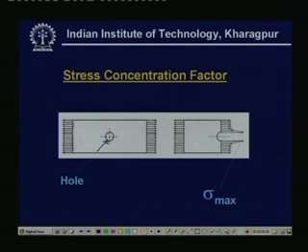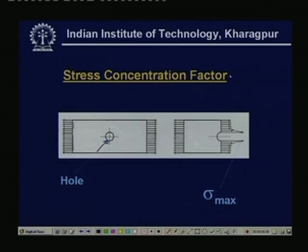So, the idea of always computing the stress as uniform in tension, or something else in bending and torsion, is a little dangerous whenever there is some sort of irregularity in the geometry. That is what we call the stress concentration factor.